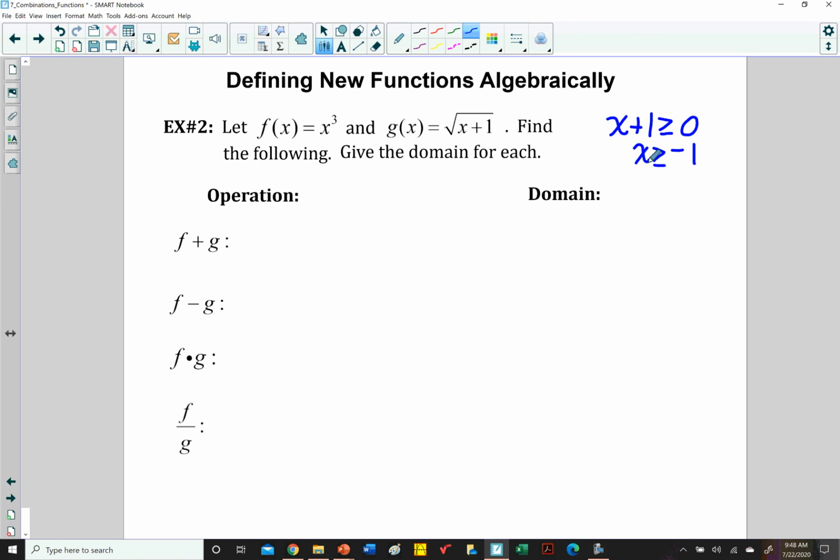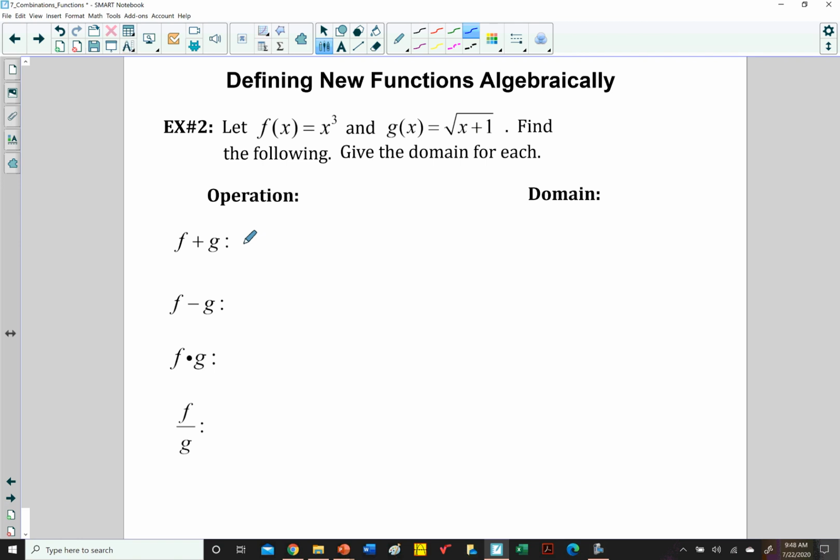This is only things for negative 1 and up. So the overlapping domain is all reals, and then any values greater than or equal to negative 1, they overlap here. So that kind of helps you understand that terminology of overlapping domains. So we've got that to consider in each operation.